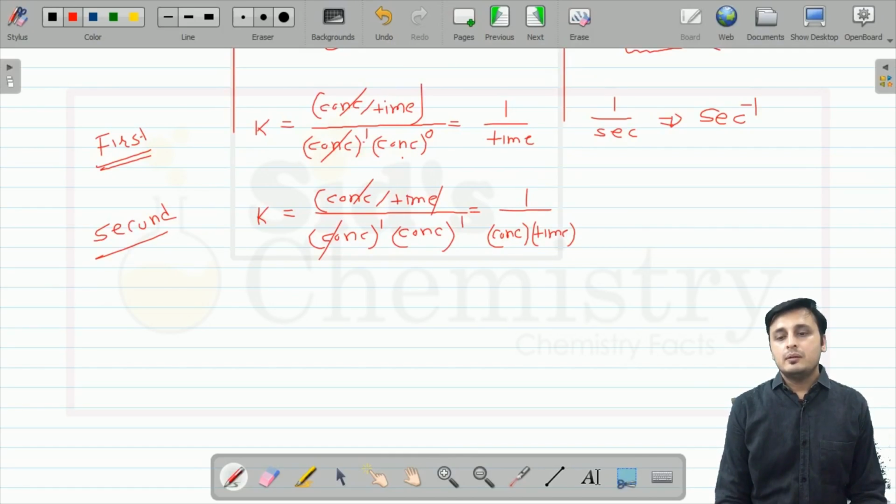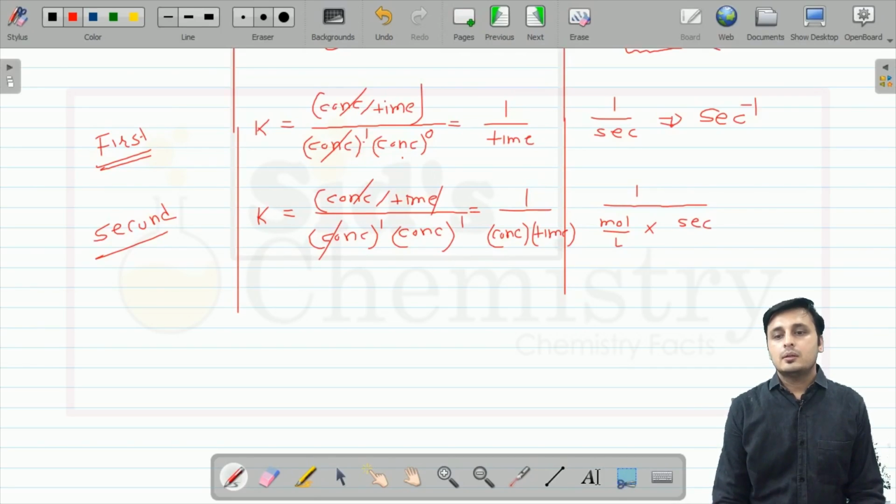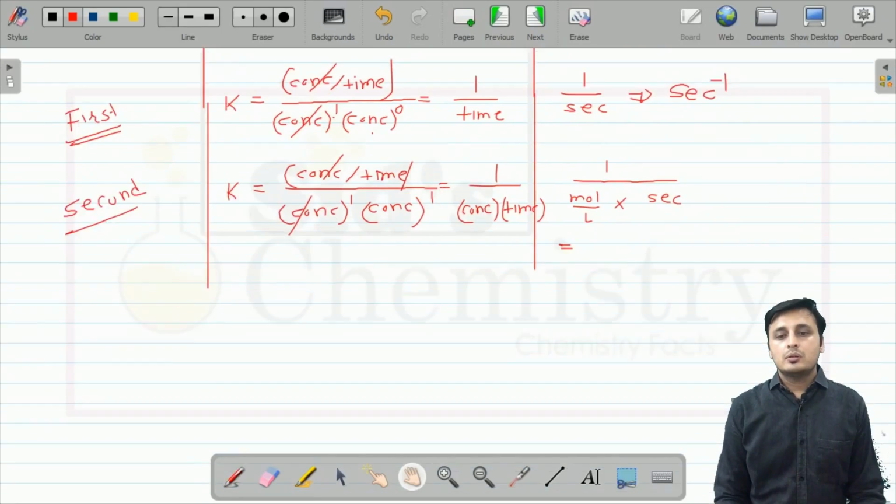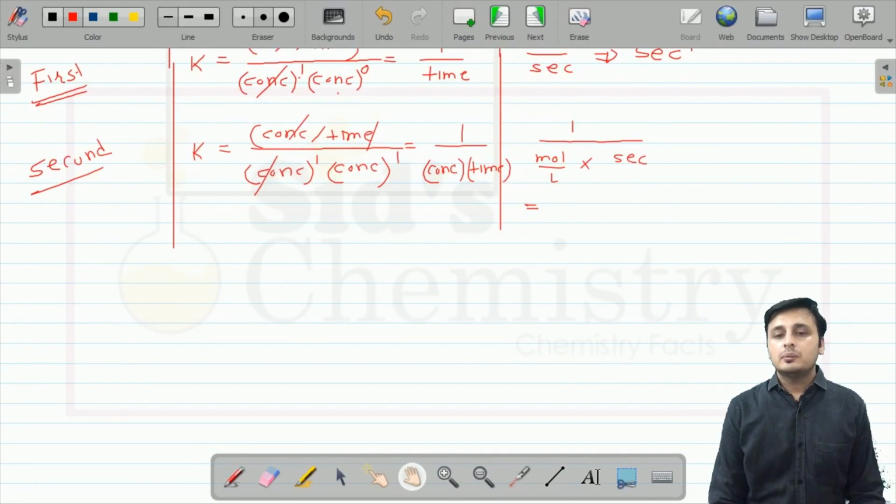If we simplify, it will become 1 upon mole per liter into second. If we simplify a little bit more, it will become liter upon mole into 1 upon second.